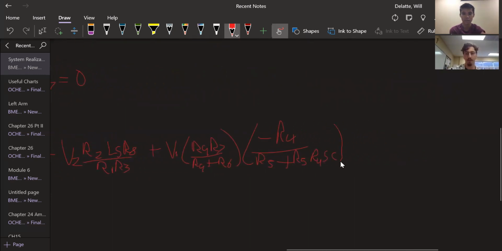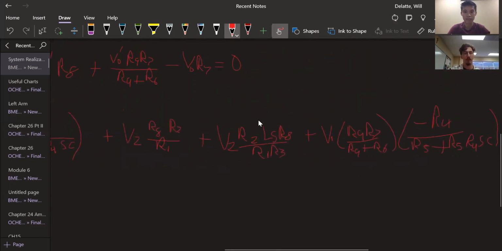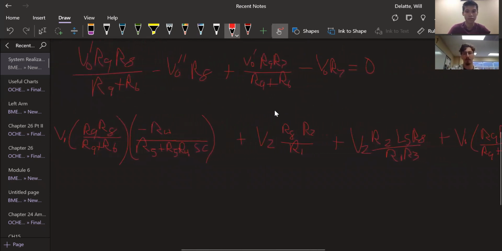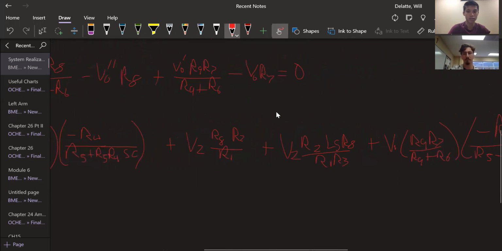Now you're wondering where that V out went. Well, we just moved that over here because we're just going to leave the R7 on it, and we're going to wait till the last minute, put a bow on it by multiplying out our 1 over R7 to this side so we can get V out on its own. So again, this is kind of what we're looking at right now before we start distributing.